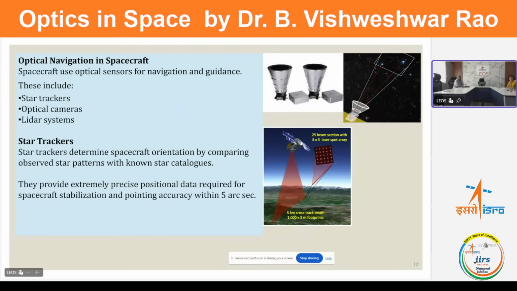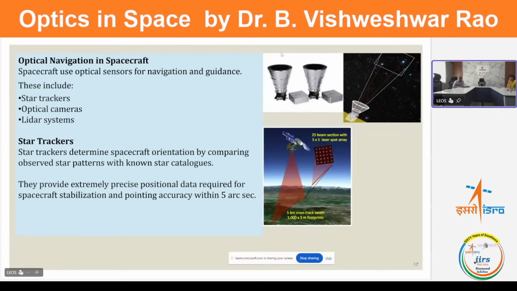Other optical systems are used to navigate and guide the optical telescopes or spacecraft already in space, like star trackers. You can see here a star tracker photograph.